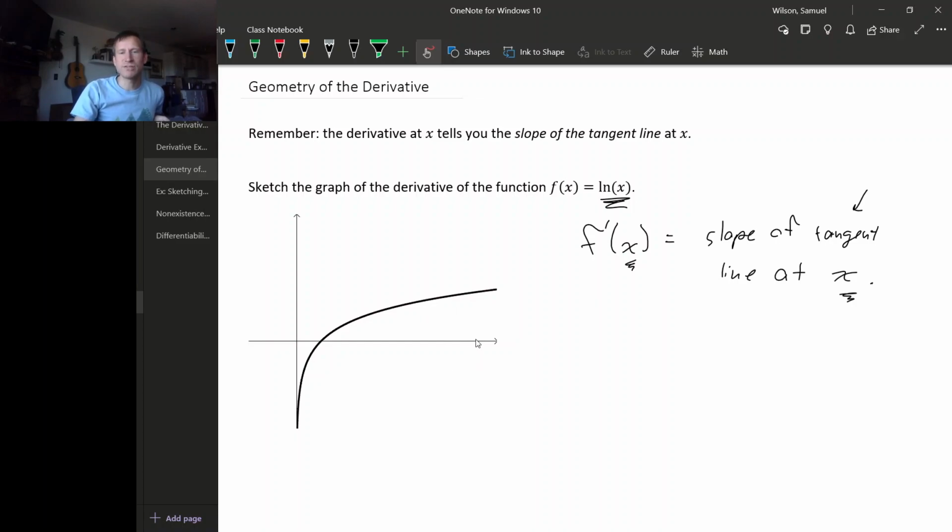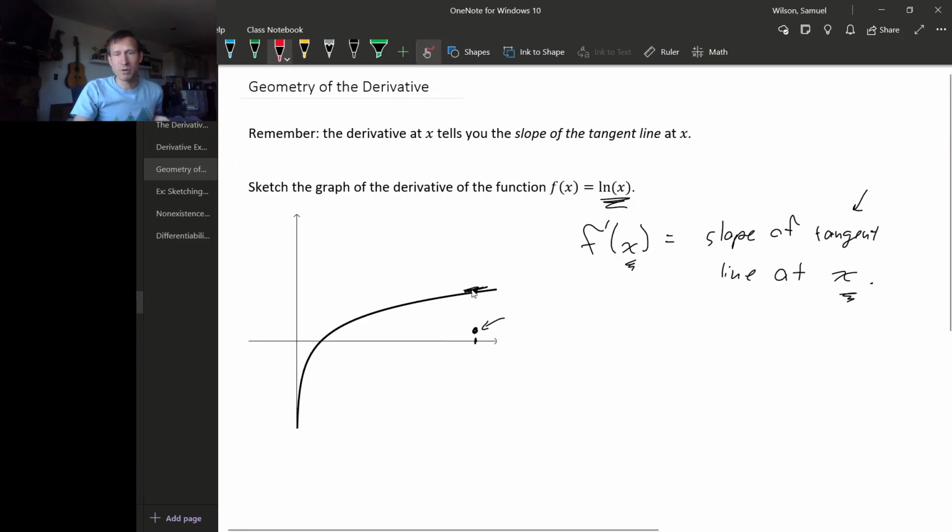For example, let's start with this x value way off to the right. If we look at the graph of natural log and think about the slope of the tangent line here, this slope is positive, but it's pretty small. So the height of the derivative is small.